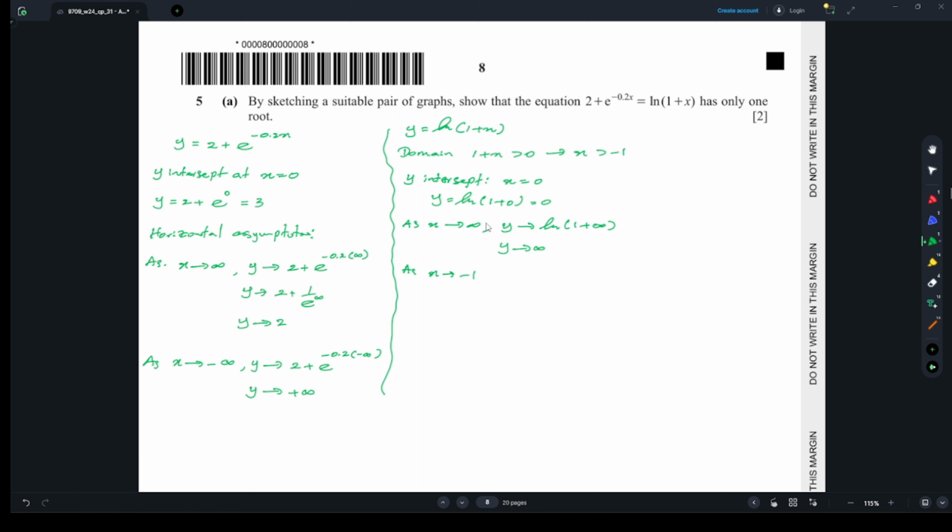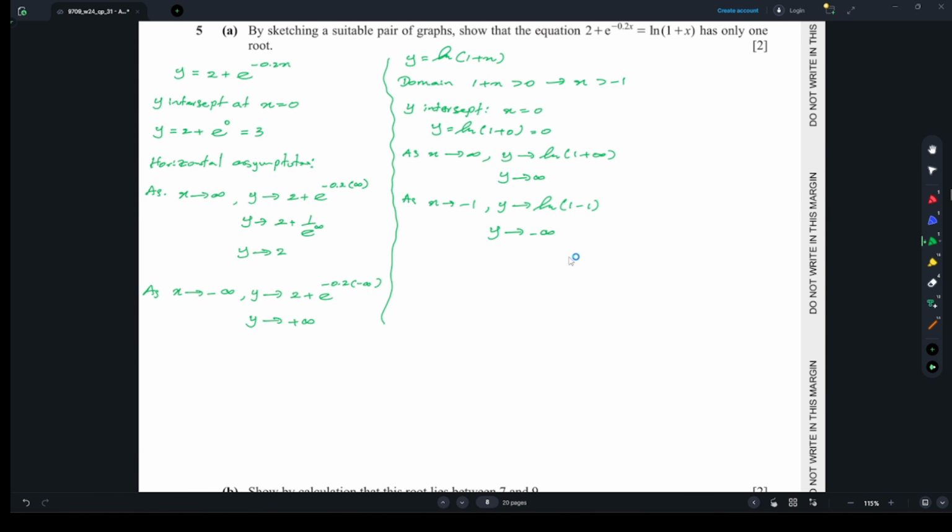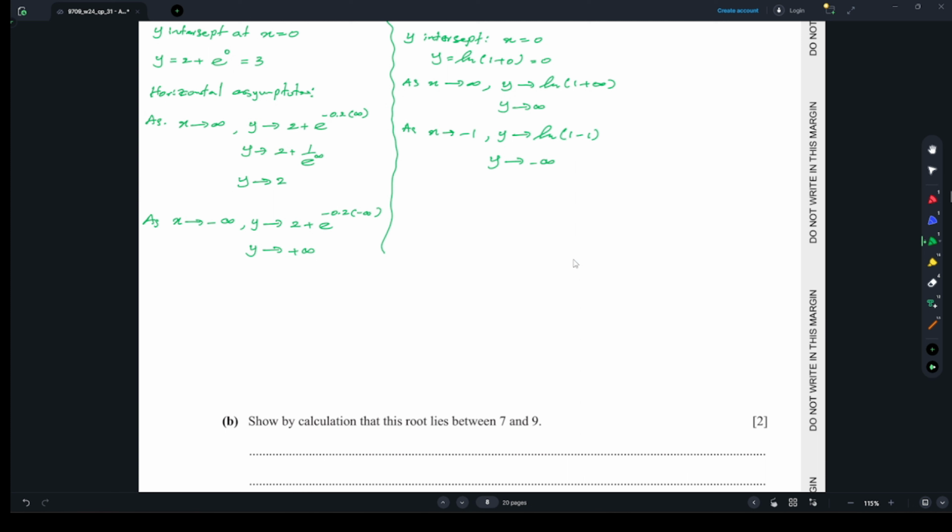So let's see what will happen when the graph goes to -1. Then y goes to ln 0. Remember here, when ln goes to 0, the answer is minus infinity. So y goes to minus infinity. Remember that one. It is important.